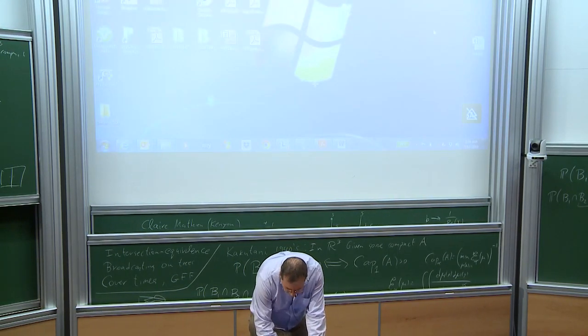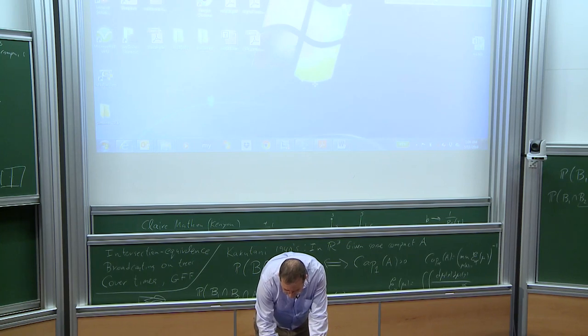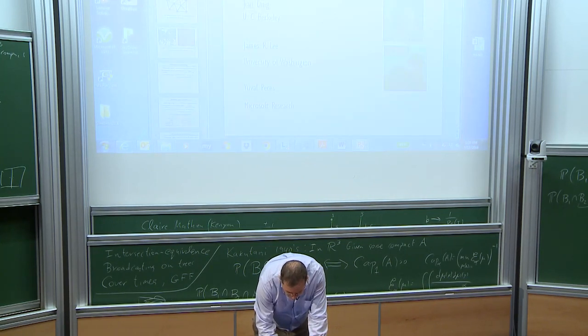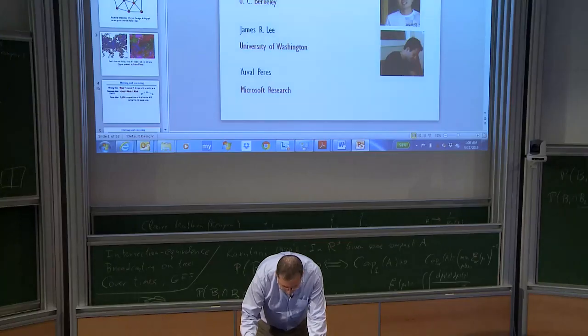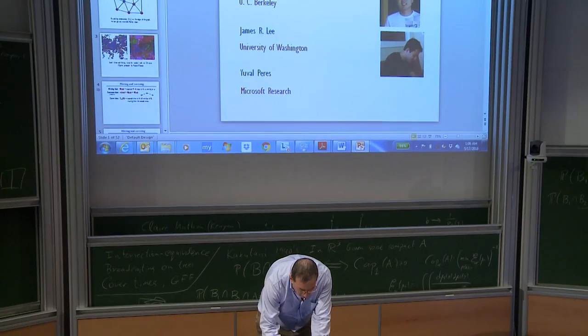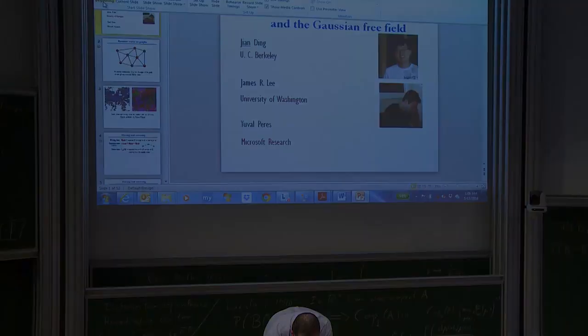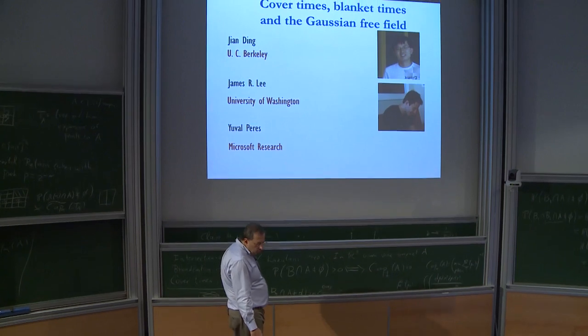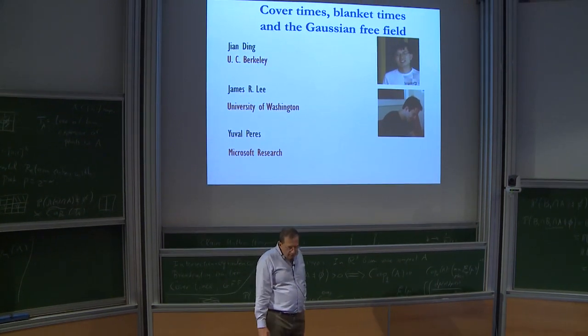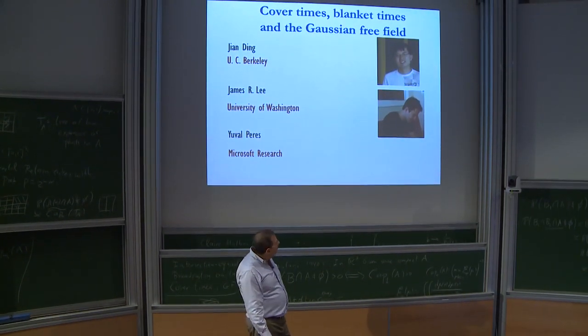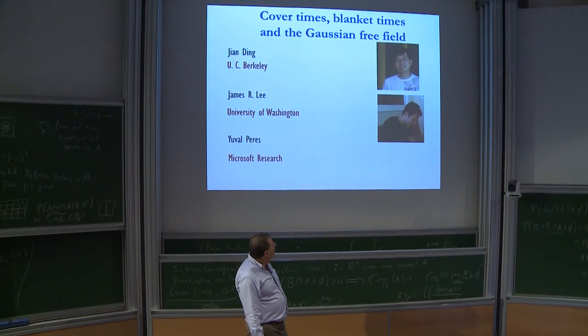This is about cover time, a topic in probability, but it was really studied more by combinatorialists and computer scientists: cover times for random walks on graphs. What I'm telling you is a very brief survey of work from 5 years ago with Jian Ding and James Lee, and some later developments.